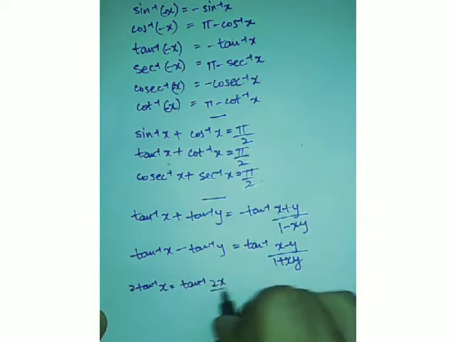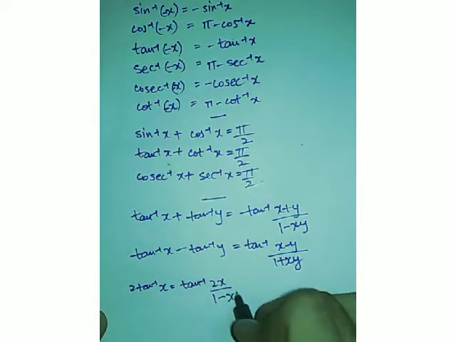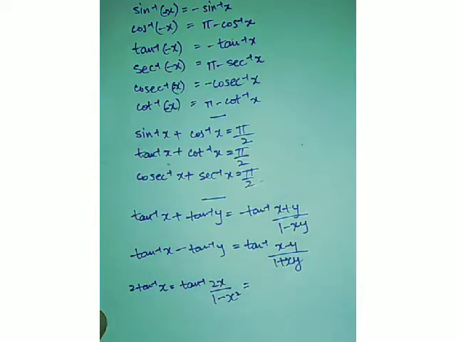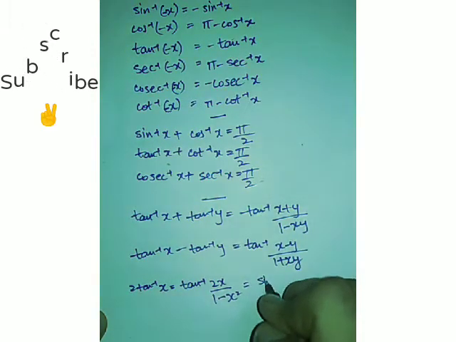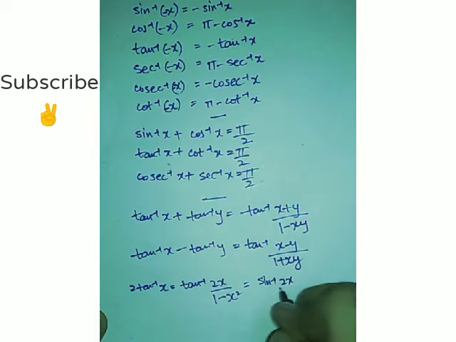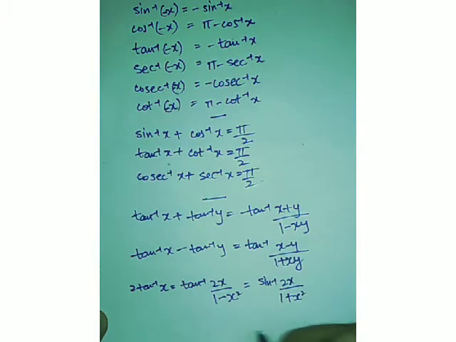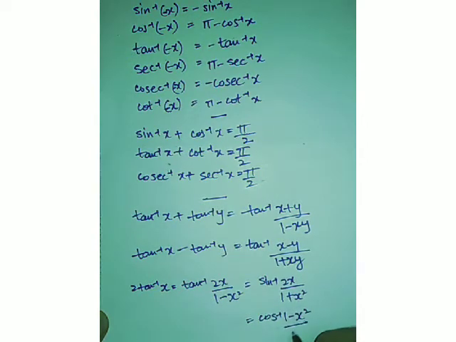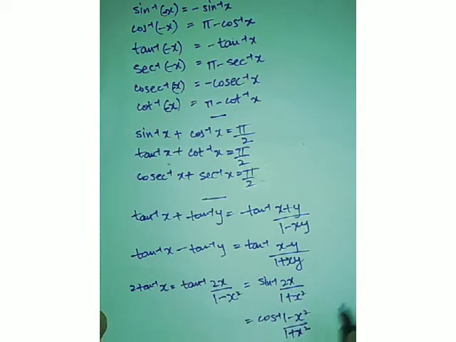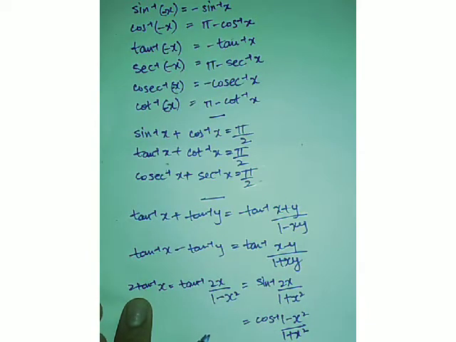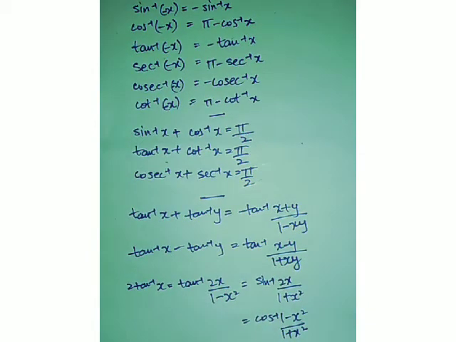First is tan inverse 2x upon 1 minus x square. Then next is sine inverse 2x upon 1 plus x square, and the last one is cos inverse 1 minus x square upon 1 plus x square. Here you can see that 2 tan inverse x is a very versatile identity, because it involves sine, cos and tan itself as well.